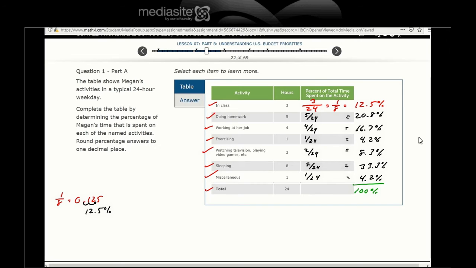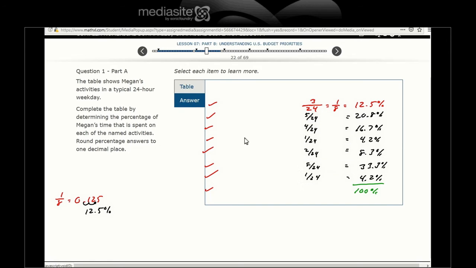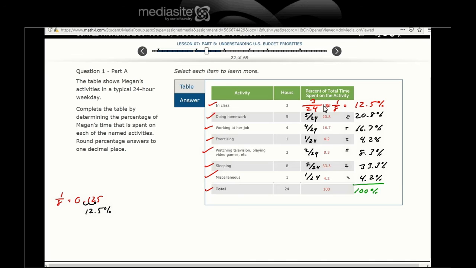So we get 12.5, 20.8, 16.7, 4.2, 8.3, 33.3, 4.2. Okay. So again, this was an example of part to whole. And of course, the whole was in class, plus homework, plus work, plus exercise, plus recreation, plus sleeping, plus miscellaneous.